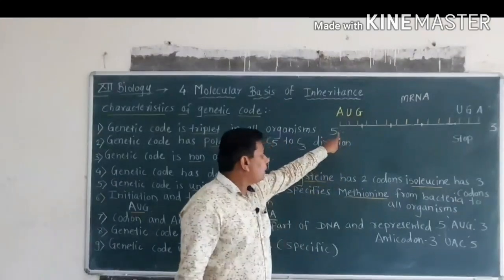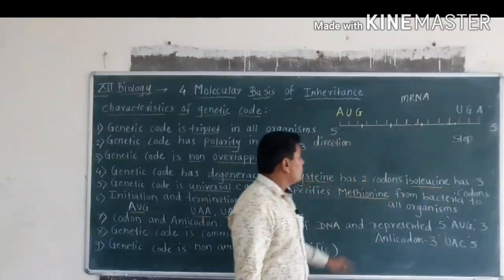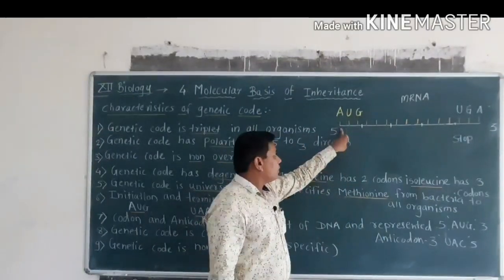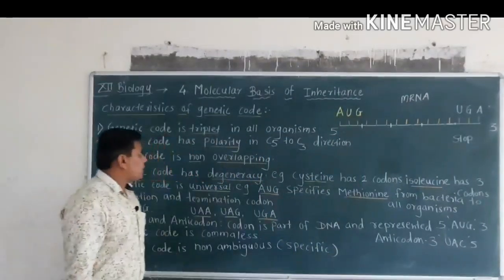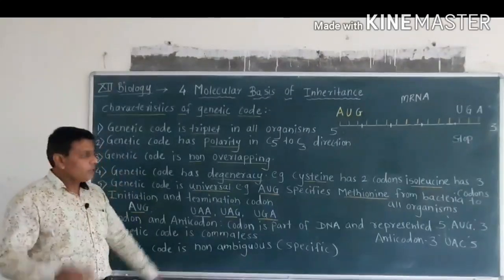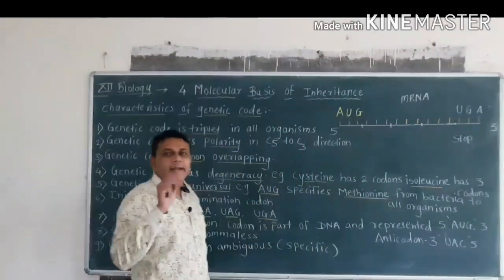Then here is the C5 end and here is the C3 end. So at this end we can see that there is a genetic code, that is AUG. So this genetic code consists of 3 nitrogen bases, and remaining genetic codes also consist of 3 nitrogen bases.